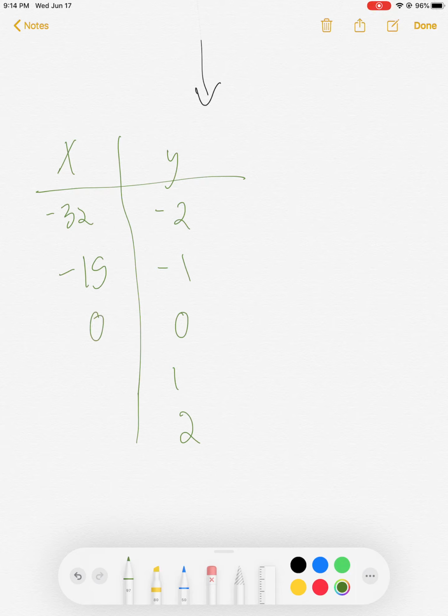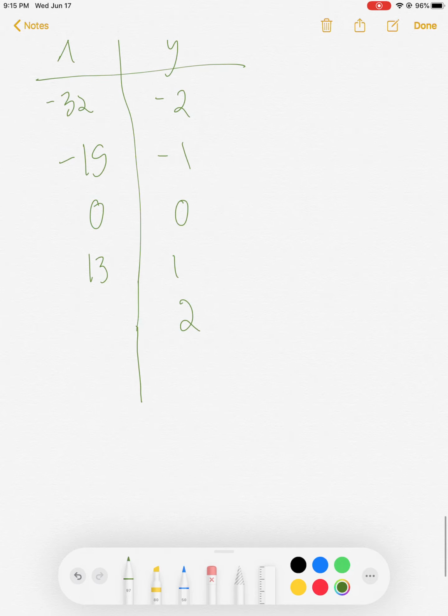If I plug in y equals 0, then I get x equals 0. If I plug in y equals 1, then I get 14 minus 1 is 13. If I plug in y equals 2, then I get 28 minus 4, which is 24.